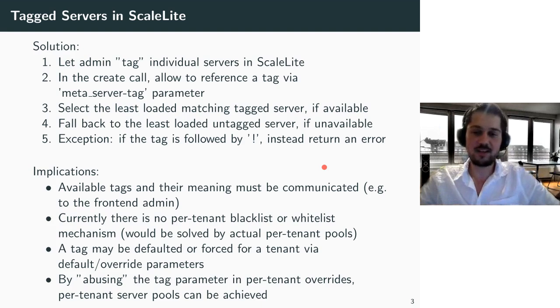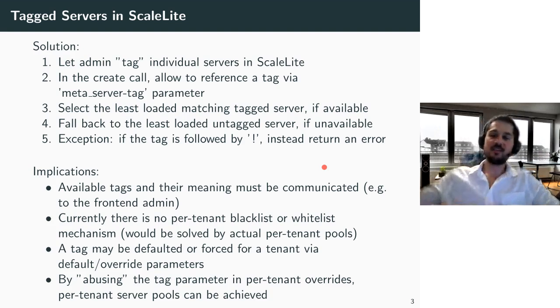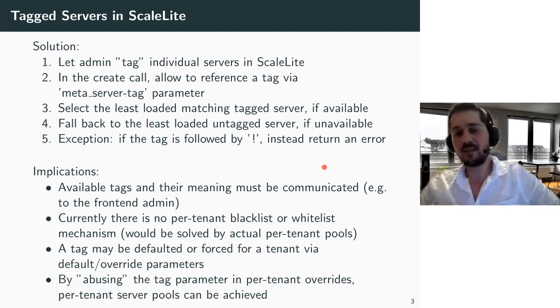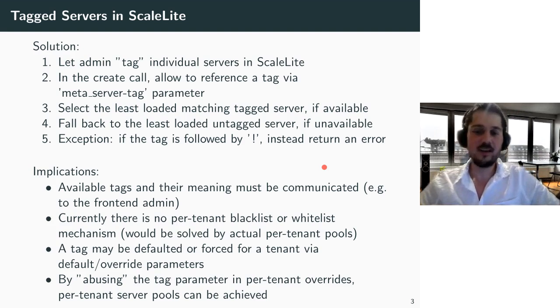It could also actually be a customer. And currently there's no blacklist or whitelist mechanism which says, this tenant can only use this kind of tags. Every tenant can use every tag, but that would be solved if we had actual server pools in ScaleLite, like in B3Scale, for example.